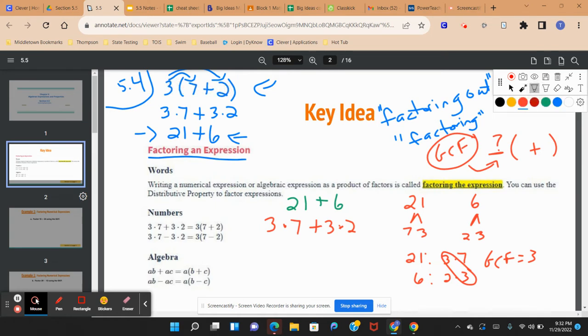So let's try it. We have to find what is being repeated. Let me see if I can highlight. This 3 and this 3 are being repeated, and that is our GCF. Our GCF is going to stay on the outside of your parentheses. So this is our GCF, and this is what we're factoring out.